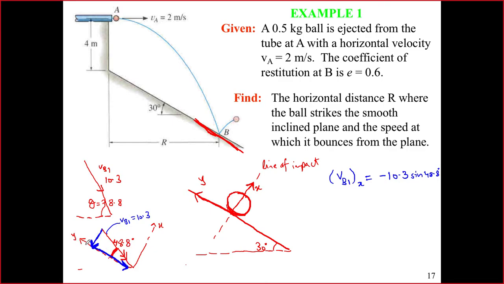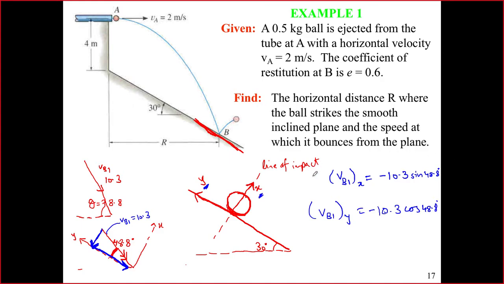And what is the y component of VB1? Note that please, I have defined this new y and x for the impact problem. So what is the y component of VB1? That's going to be again in the minus y direction, so that is minus 10.3 cos of 48.8 degrees.